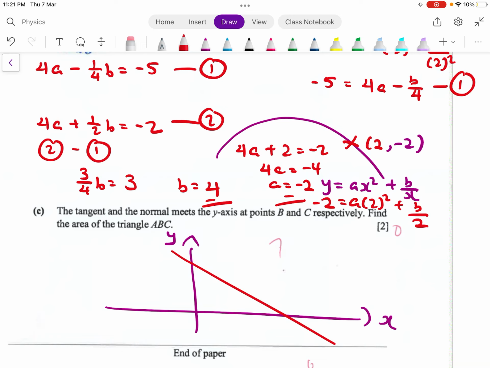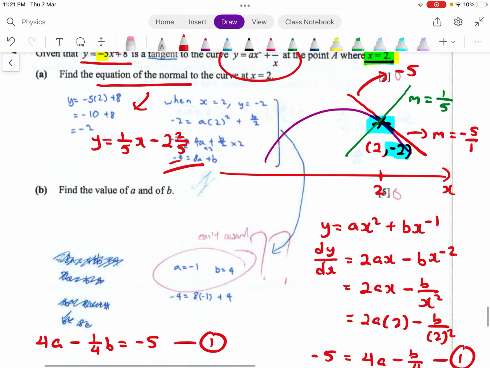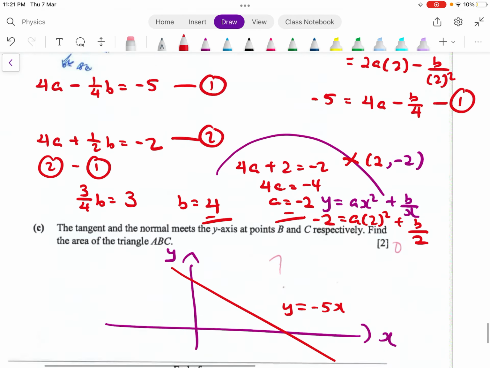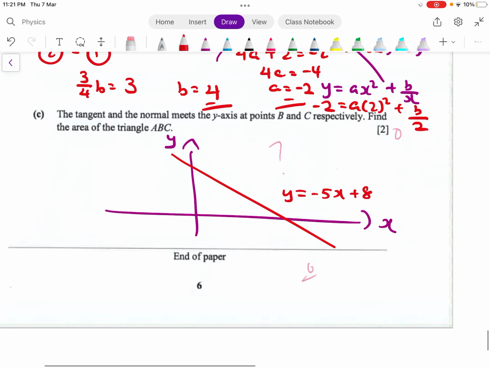The tangent I drew just now is y equals negative 5x plus 8. So what is the y-intercept? The y-intercept obviously is 8.